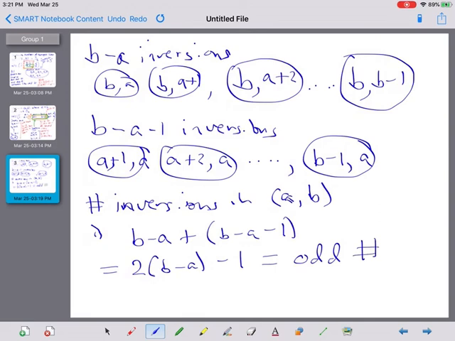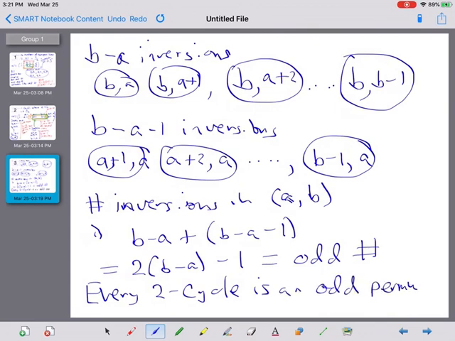So what this means is that every 2-cycle, every transposition, is an odd permutation. Let's just abbreviate. Permutation.